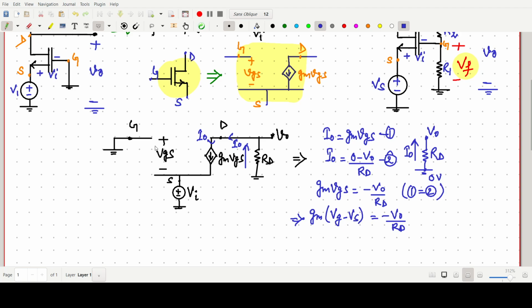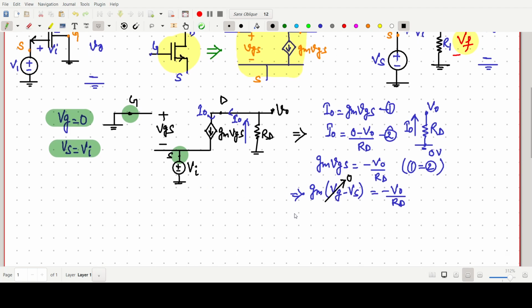Now Vg, this gate voltage, is simply 0 volt, because it is connected to ground. And Vs, this voltage, is simply Vi. So Vg will be 0, and Vs is simply Vi.